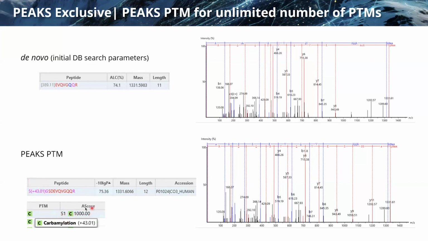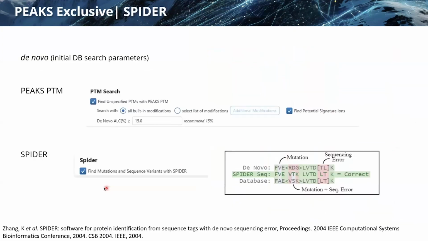And also with an A-score of 1,000, which means a very, very high score, very high confidence, of course, in this site of this modification. You can't really see here, but essentially what happens if we zoom in, we see that now the b ions are well matched, again, given this new information that we have or opened up search space, and we can nicely now, at a high score, identify this missing modified peptide.